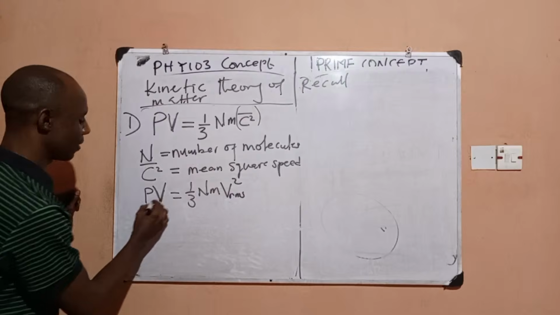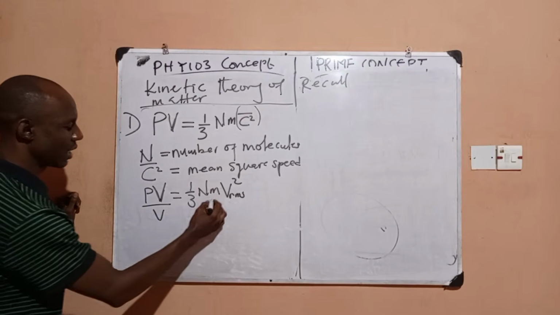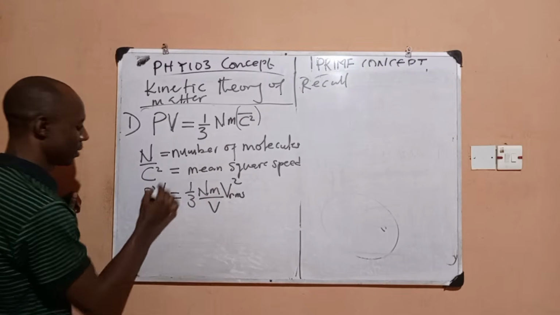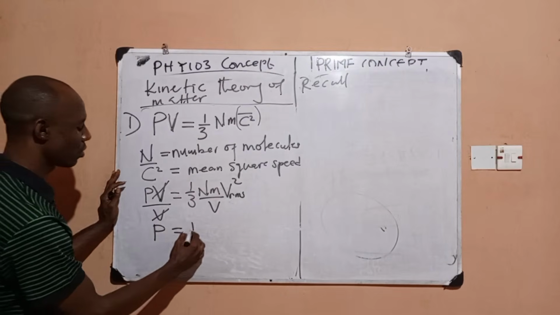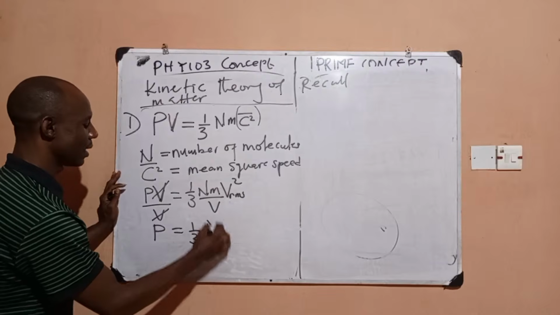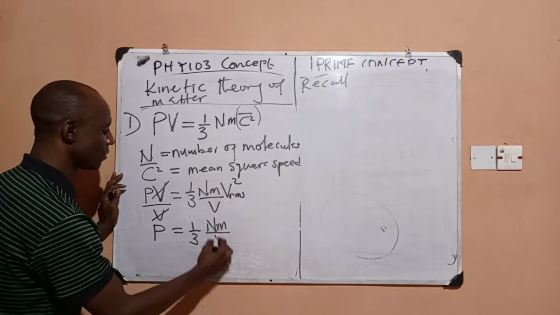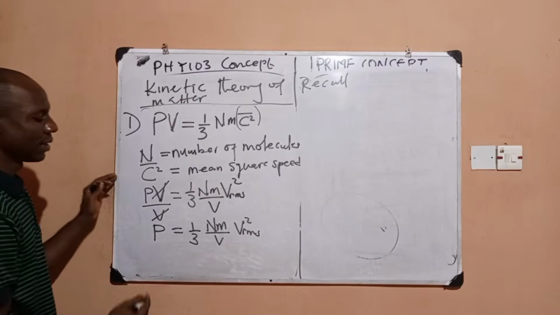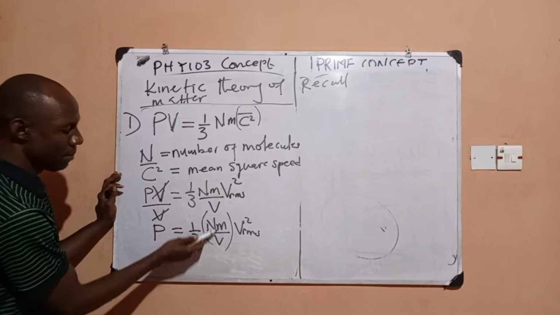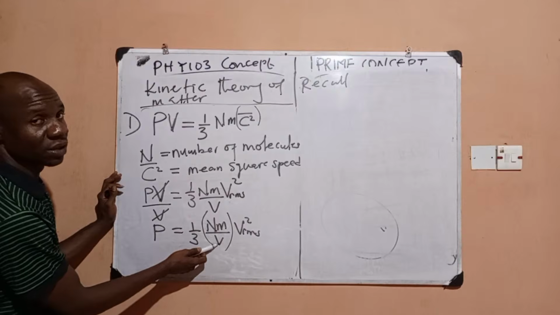If I divide both sides by V, this can cancel this, right? I'll have that P is equal to 1 over 3 Nm over V times RMS squared, right? Yes. Now remember, mass over volume is what?